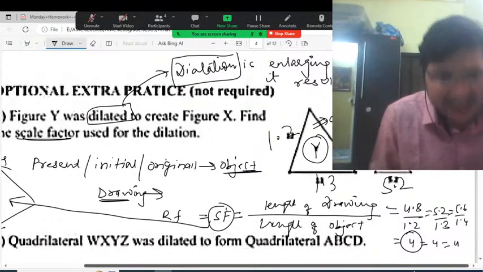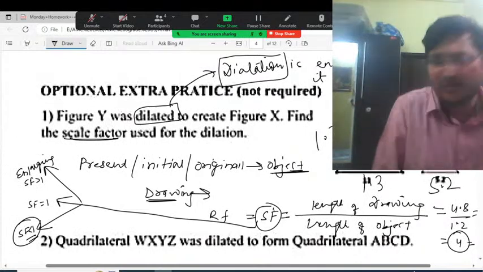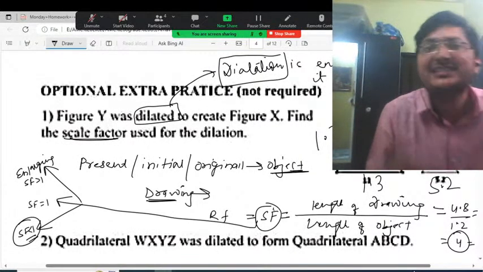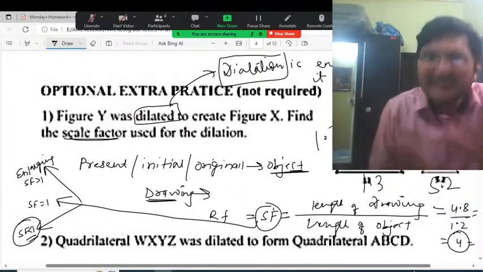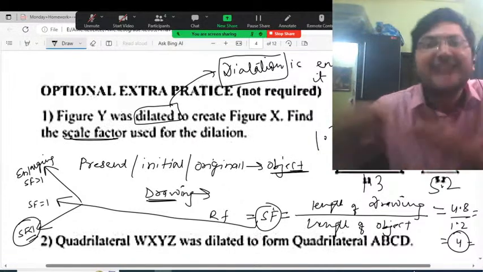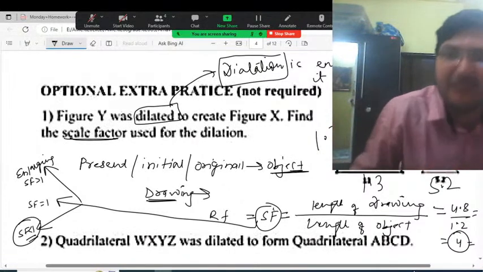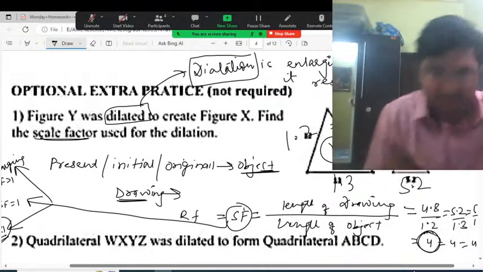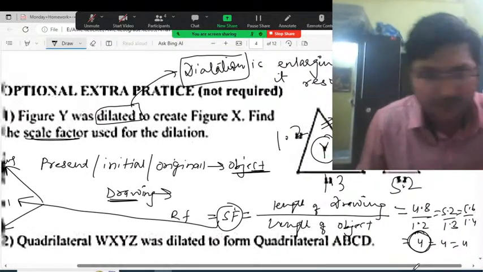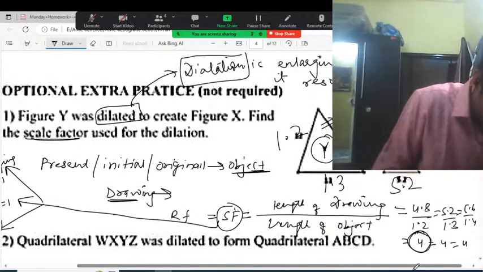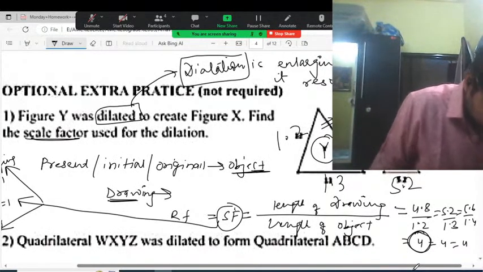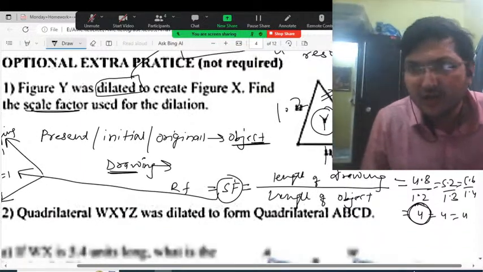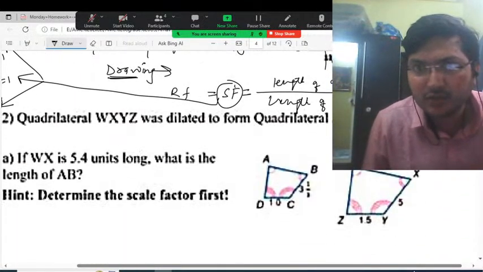But if you read it clearly, it is very clear that Y was dilated to create X. Y is not the dilated figure, but it was dilated to create X. That means Y is your original figure, which should be the object. Here the scale factor is 4, not 1 by 4. Please rectify this. Got it or not? Okay, very good. Now let's consider a few more questions.